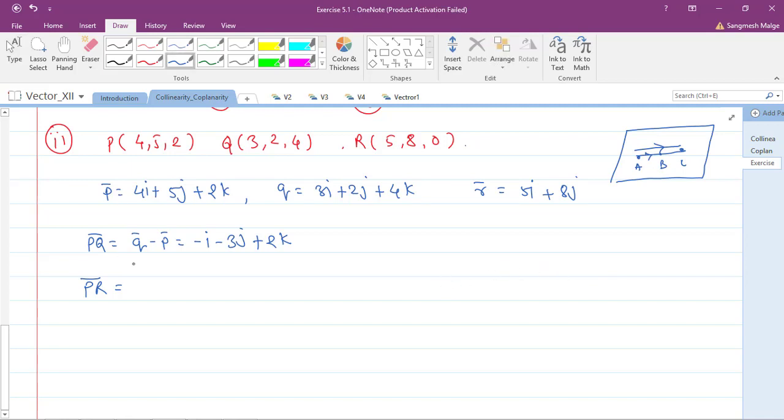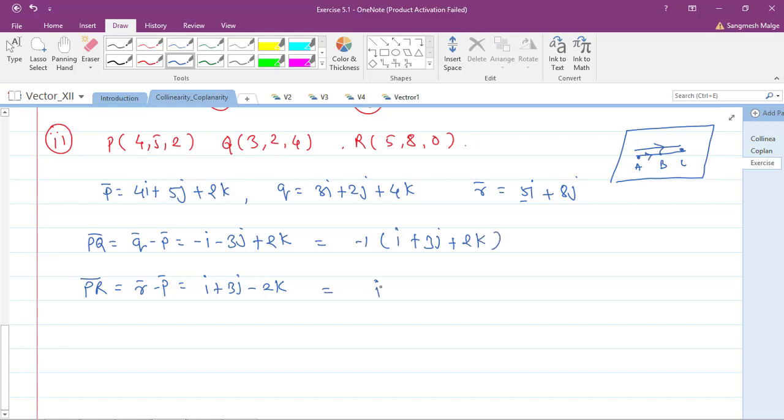So PR bar will क्या आएगा, R bar minus P bar. So R bar कितना है भाई, 5 minus 4 it is i. Then you have 8 minus 5 it is plus 3j and you have 0 minus 2k, it is minus 2k. Now if I take minus 1 common from this PQ bar, it is i plus 3j minus 2k.